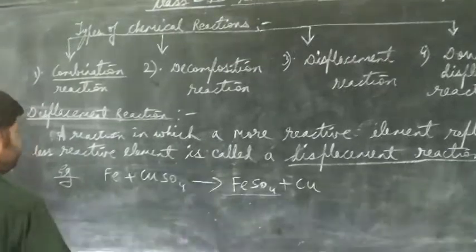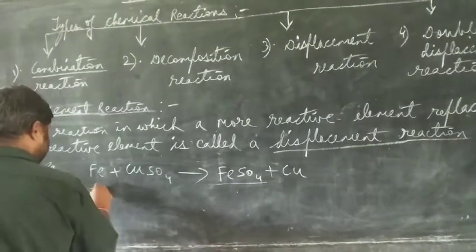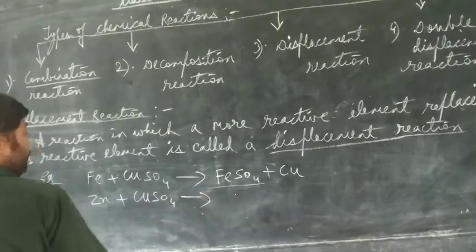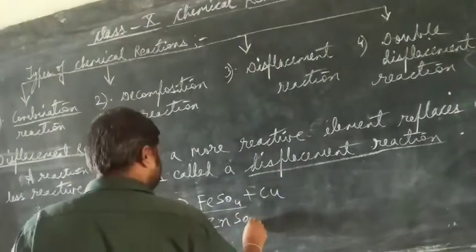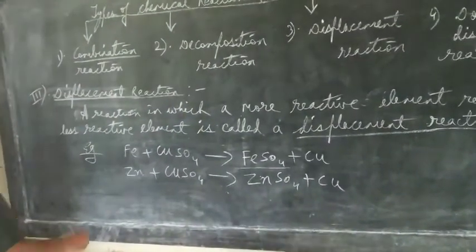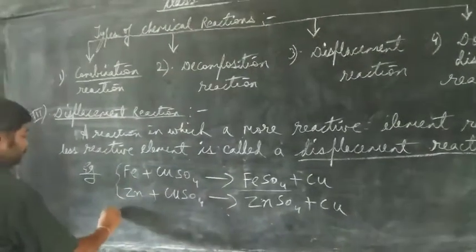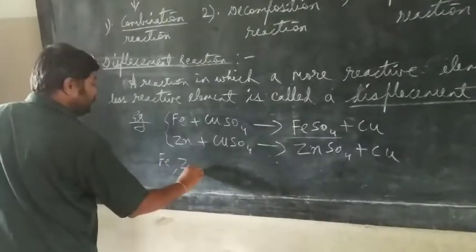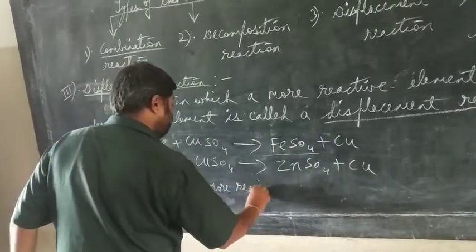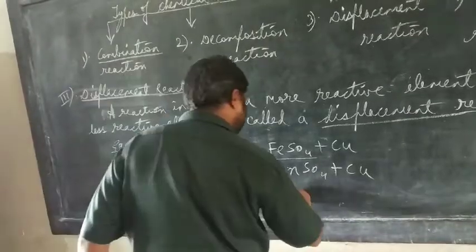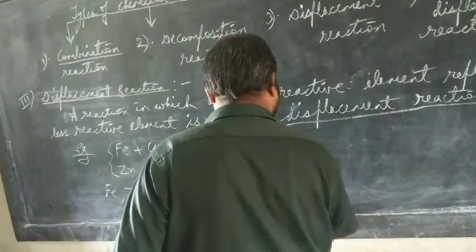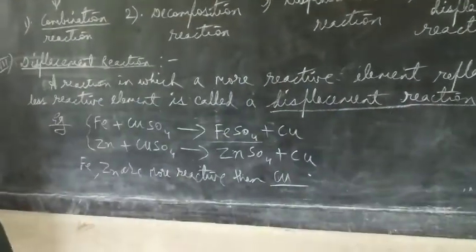Another example, we can take zinc. Same thing. This shows that iron and zinc are more reactive than copper. Okay? Clear all of you?